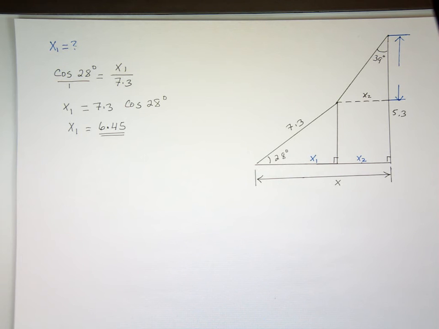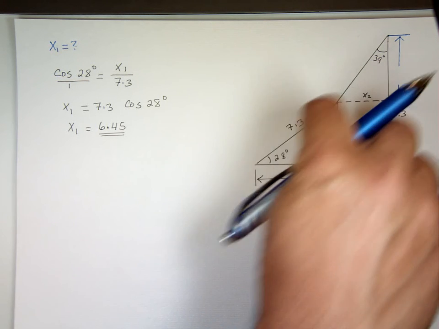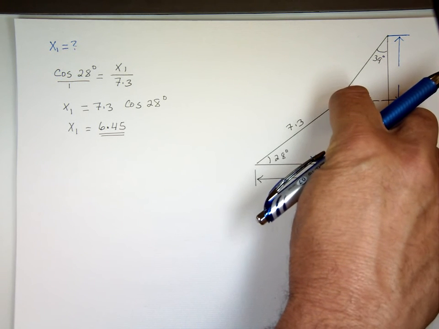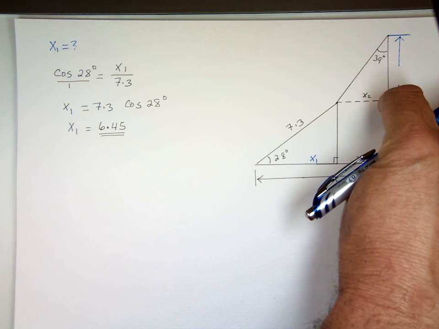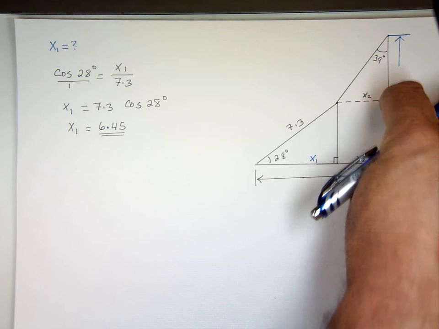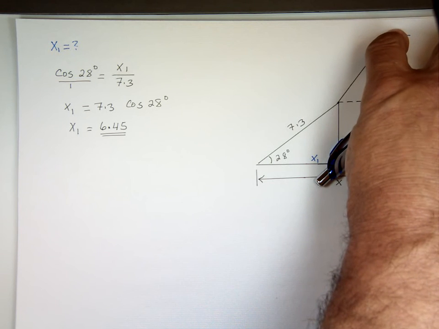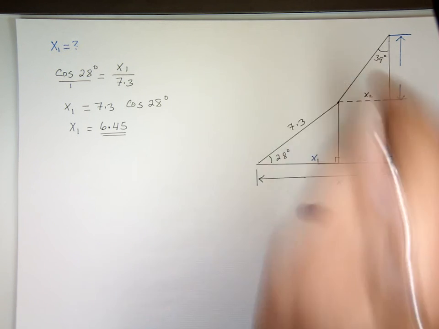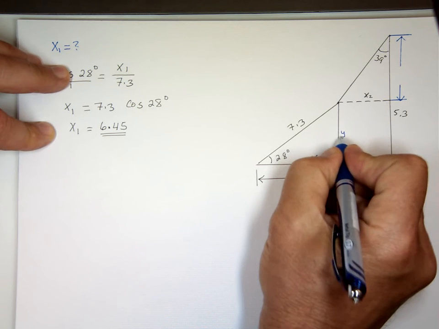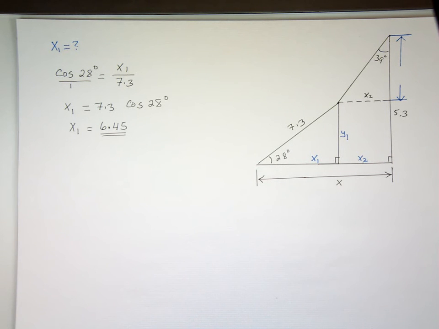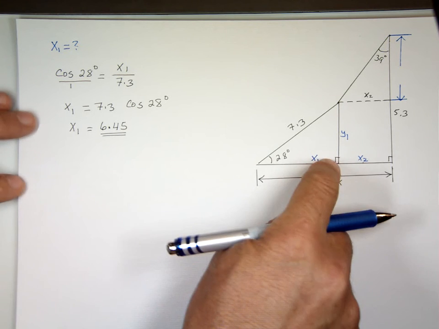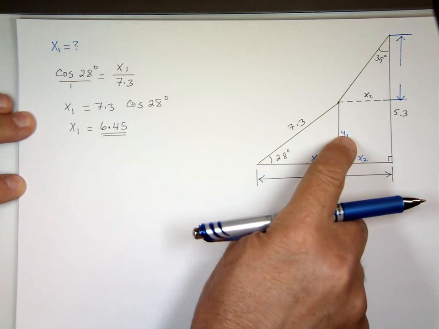Ahmed says, is it half of 5.3? It doesn't say that. Can I find the distance for the y one? Yes, the y one you mean. Find this height and deduct it from 5.3. Yes, this height is the same as this. So if I know this height, I subtract it from 5.3, I know it. So let me find this height, let's call it y1. How do you find y sub 1? That's opposite. This is the hypotenuse.